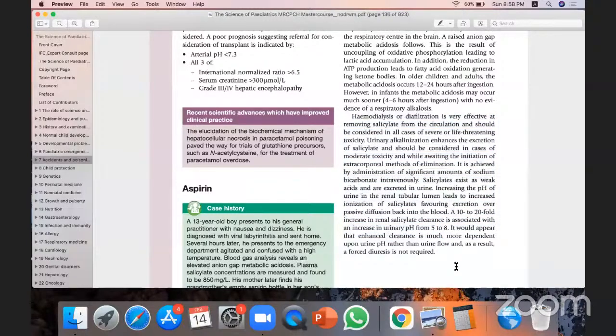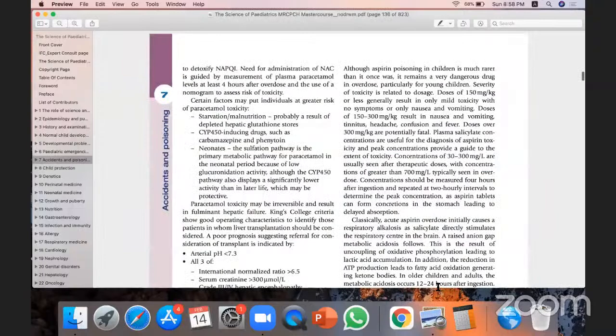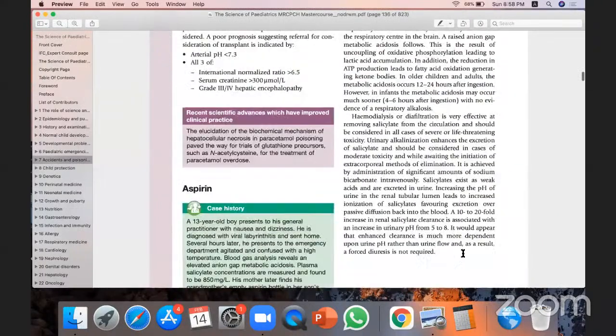Nothing much is important here. See, this one line is important: the clearance actually depends on the urinary pH, not the flow. So you will not give forced diuresis, you will not give furosemide. Remember, we don't want to remove the poison early, we want to maintain the pH higher so that the acidic drug is removed.